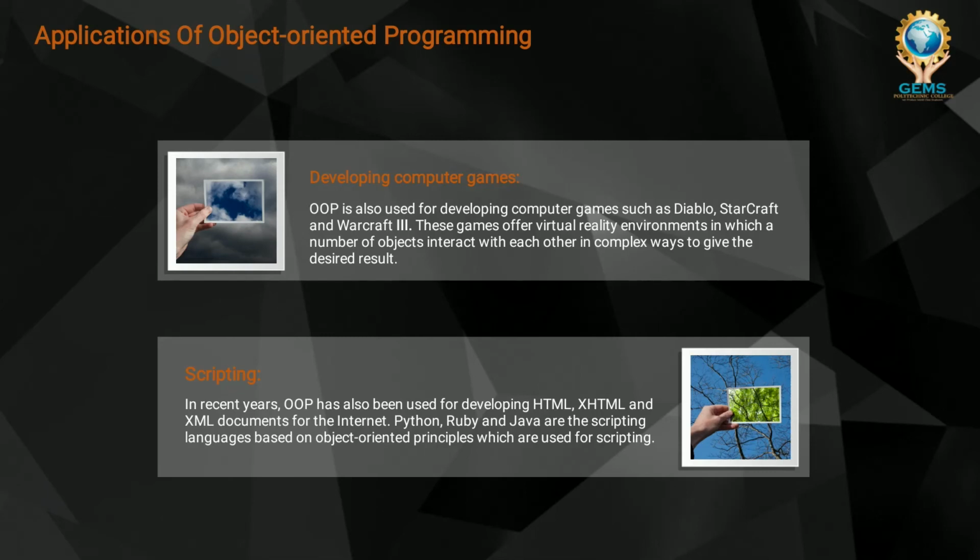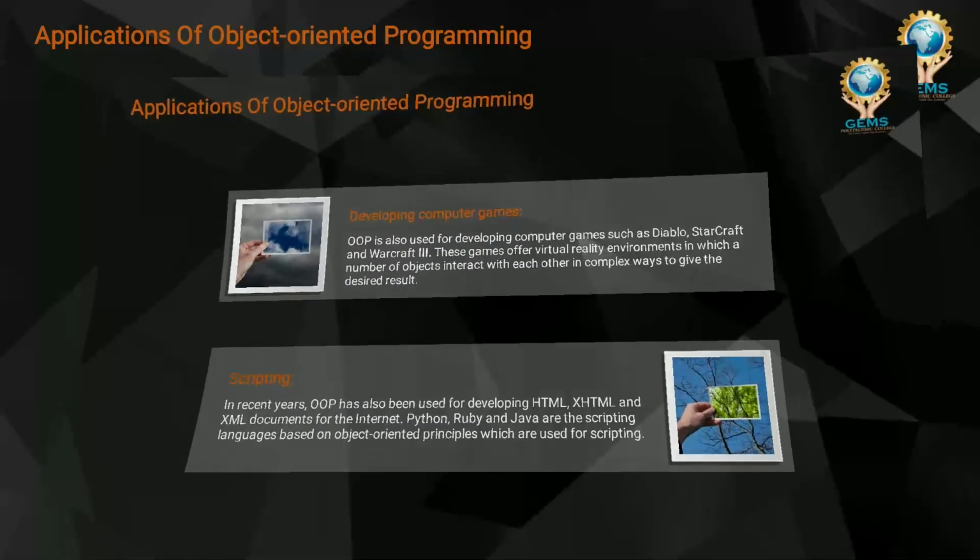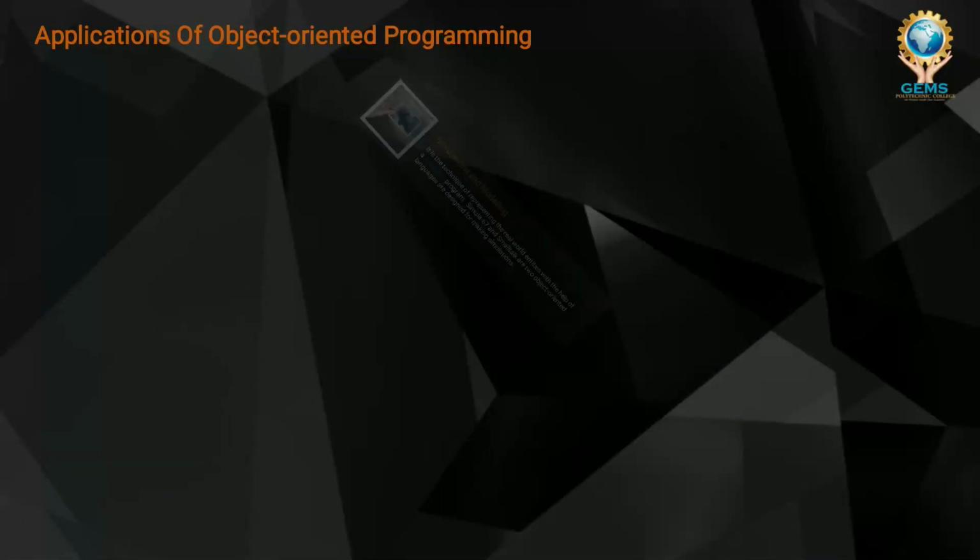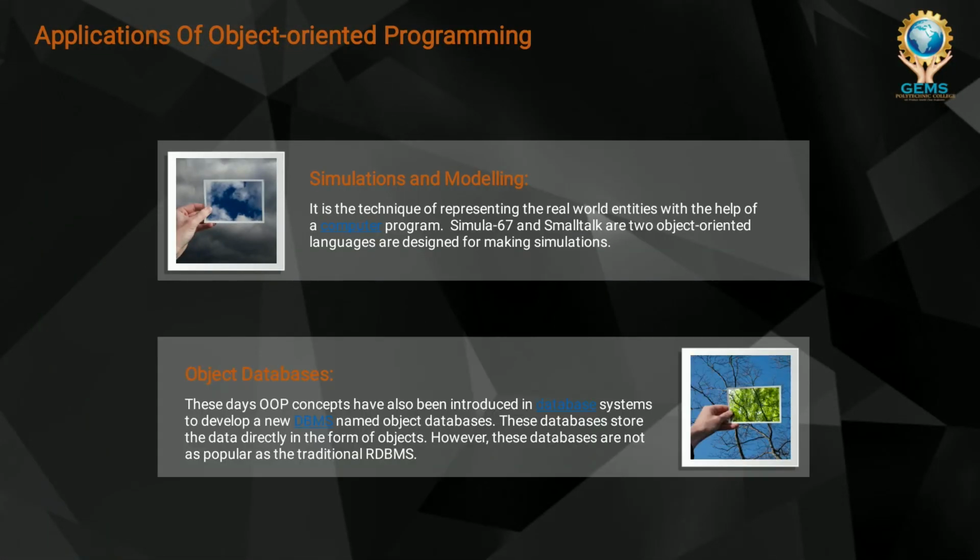Then scripting. All of you know about JavaScript, HTML, PHP. PHP and JavaScript are the scripting languages, designing languages for a website. These designing languages or scripting languages work based on object-oriented programming. Then object database.